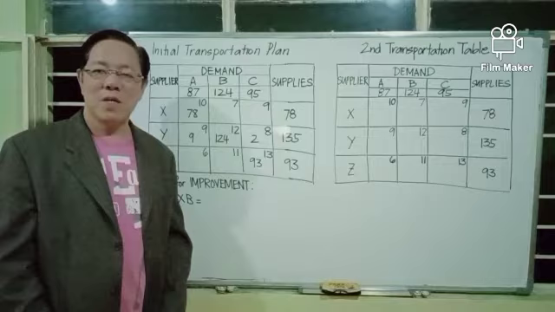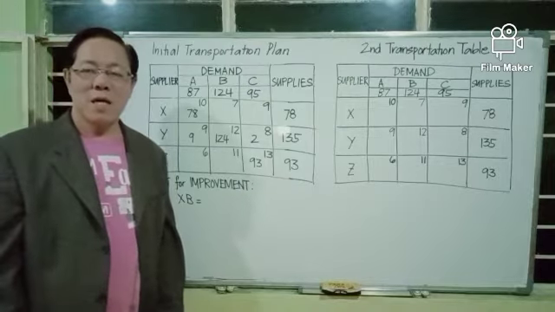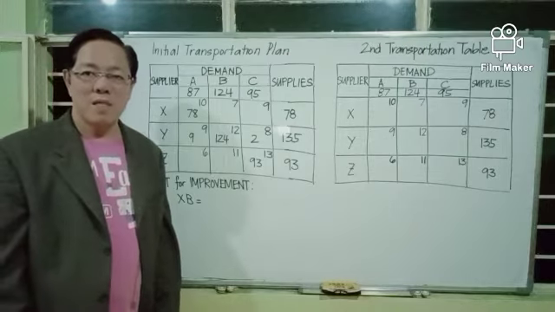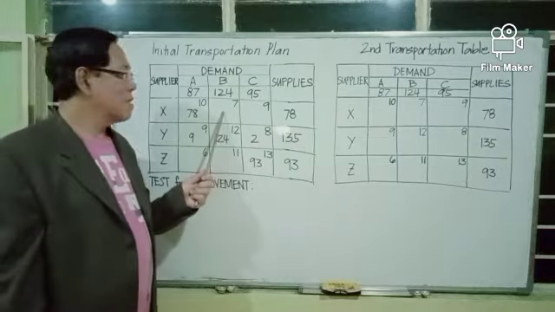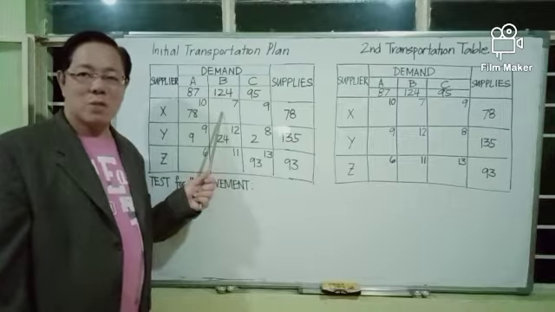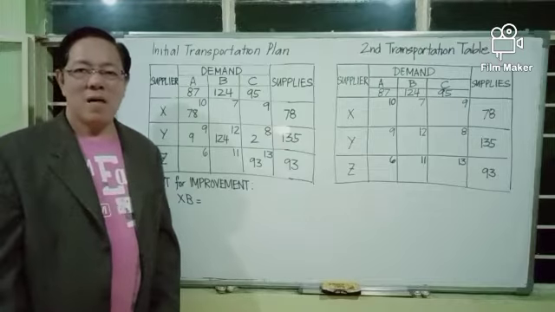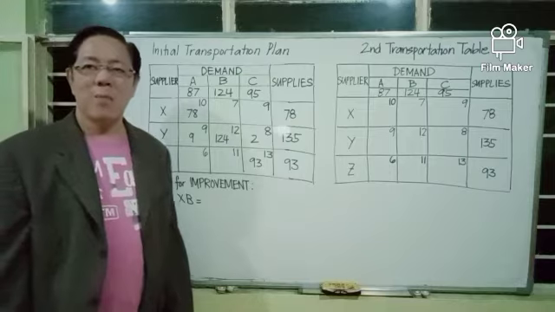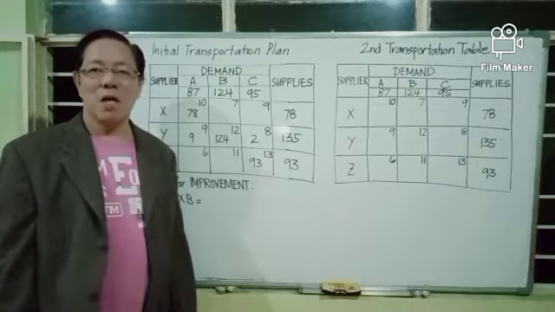As I said, for each vacant cell, we will trace a closed path using alternating horizontal and vertical movements. It is a closed path because we start from the vacant cell and we should be able to return back to the vacant cell. This path consists of alternating horizontal and vertical movements, always beginning with a horizontal movement.